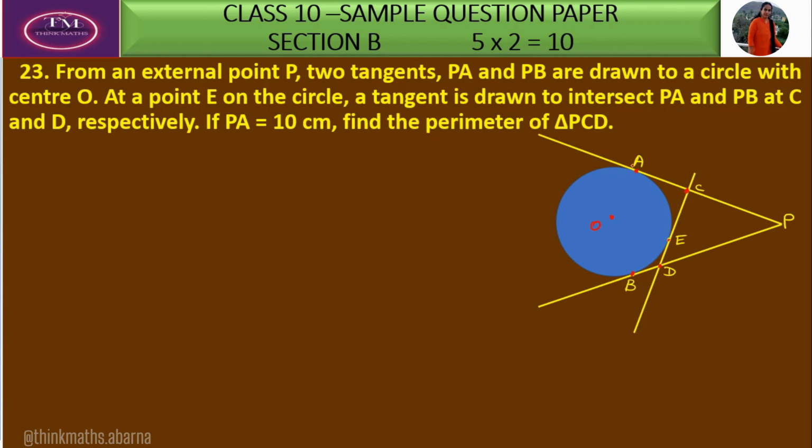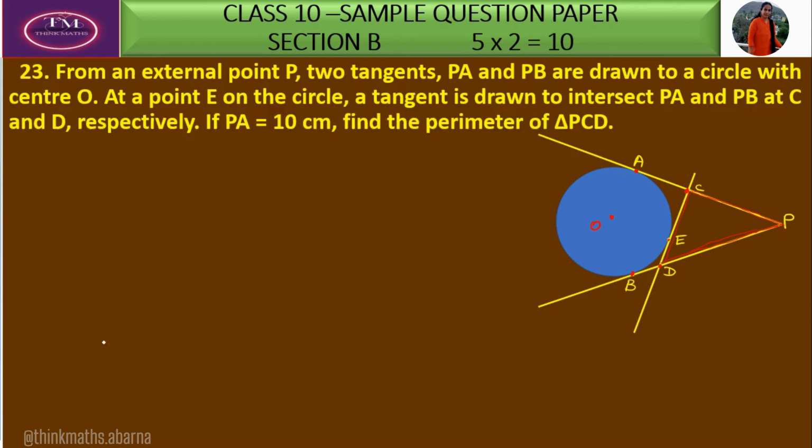What is given? PA is equal to 10 centimeters. We have to find the perimeter of triangle PCD. Okay, so what is perimeter? Perimeter is nothing but adding all the sides: PC plus CD plus PD. That is the perimeter of the triangle.